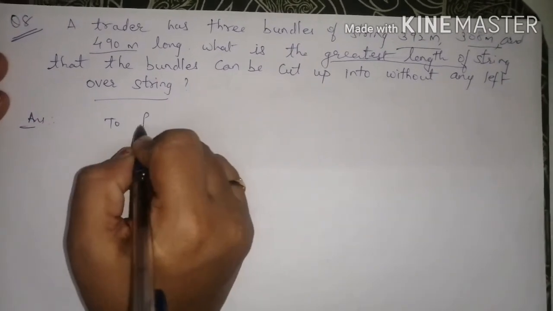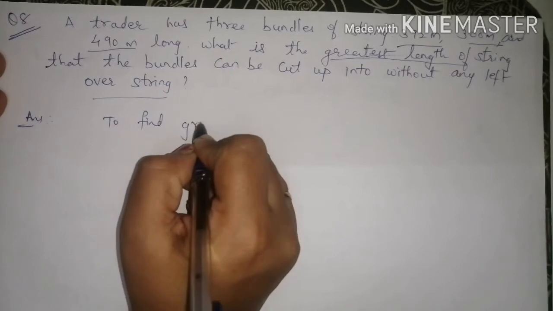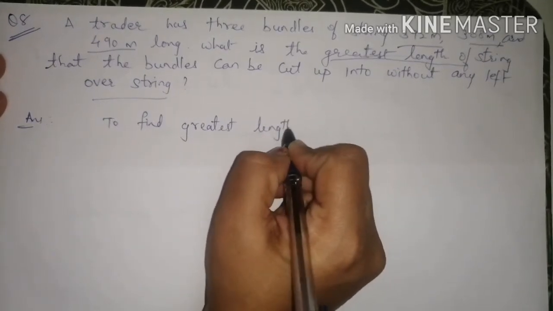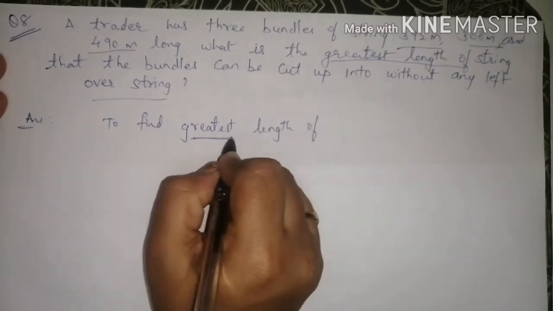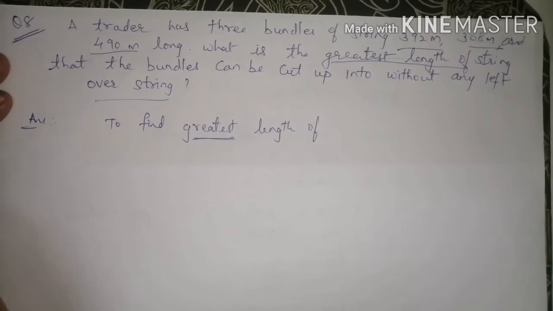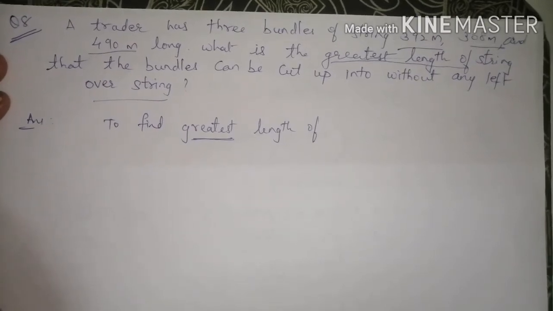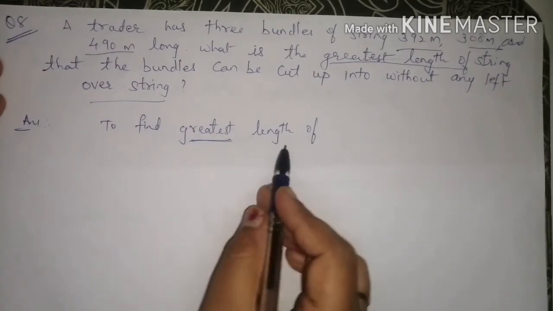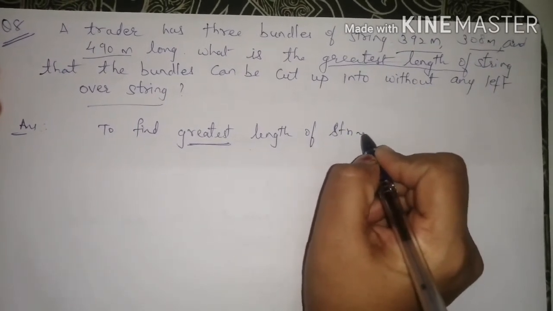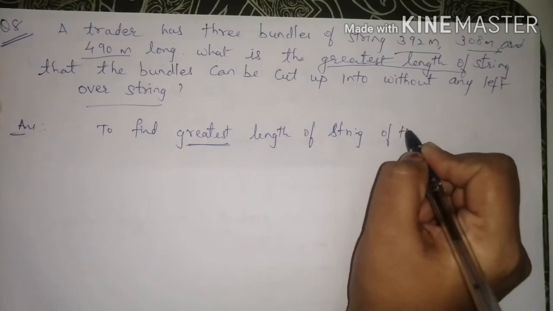Please remember, when the word greatest comes, we have to find the HCF. Whenever the word least comes, we have to find the LCM. So find the greatest length of string of the given bundles.